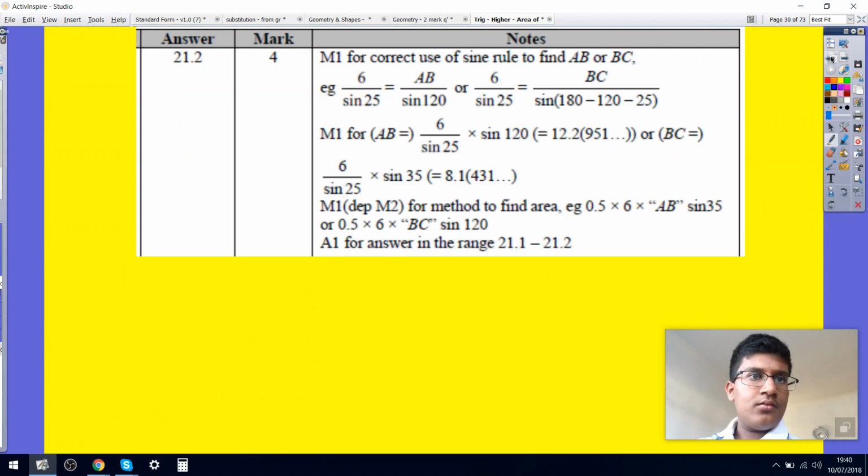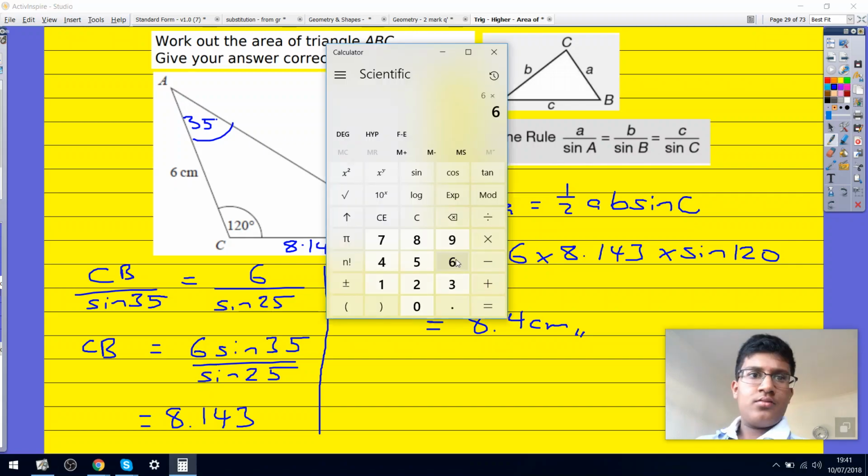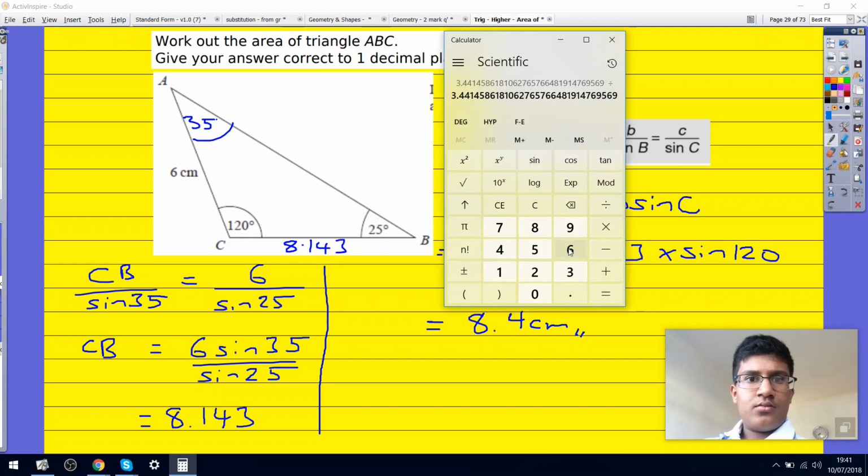Where did we go wrong there? Did you do 6 sine 35 and then divided by sine 25? So that's 8.143. That's fine.